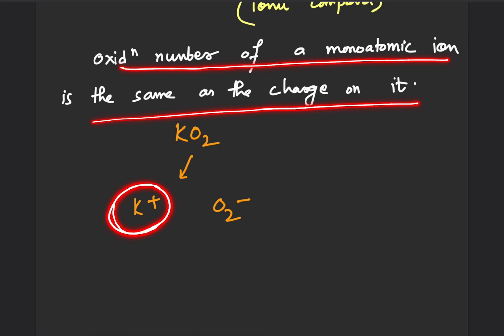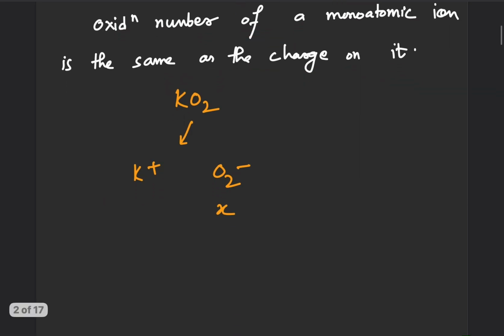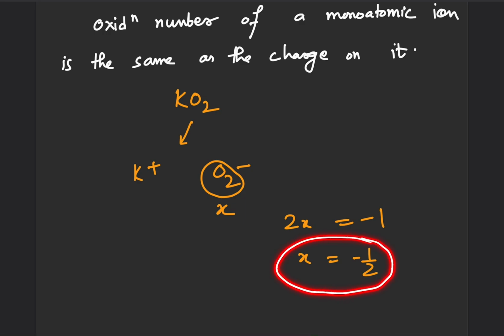And if you want to calculate for oxygen, assume that it is X. There are two such atoms of oxygen, so 2x equals the charge -1. So X will be equal to -1 by 2. Therefore, for one oxygen atom, the oxidation number is -1 by 2. Therefore, it is not true that the oxidation number of oxygen is always -2. For superoxides, it is -1 by 2.